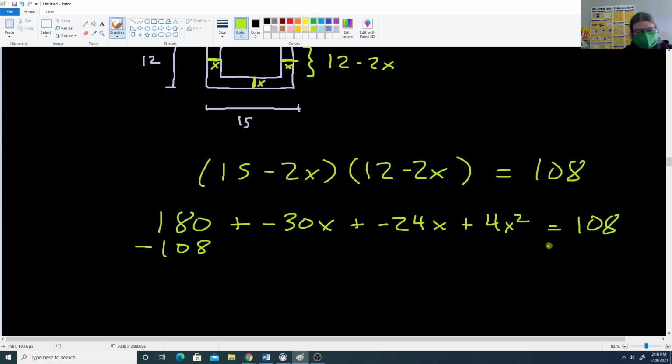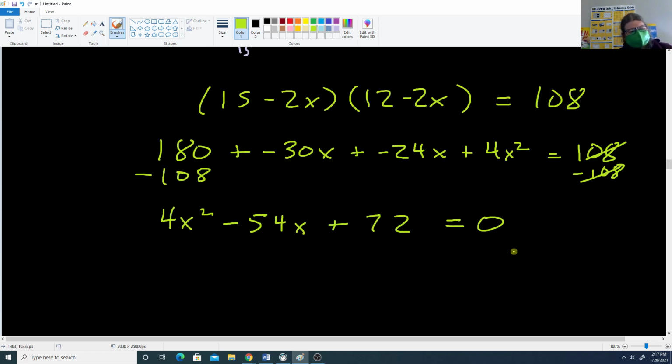Going to subtract the 108 across and rewrite this with the x squared term first. So we get 4x squared minus 30x minus 24x is minus 54x. That'll be plus 72 equals 0. I'm going to divide everyone in half.